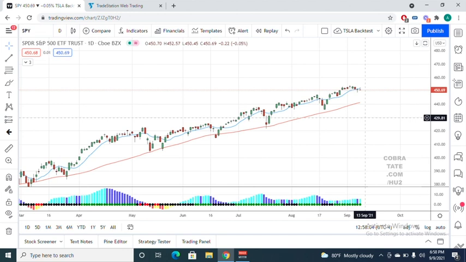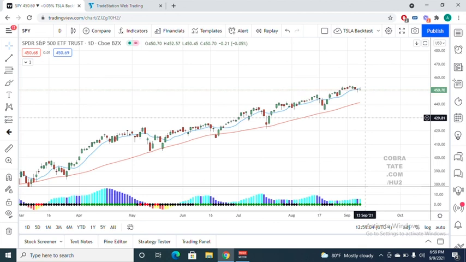That's what you can use to understand what the macro environment, what the overall environment of the market is right now. That will help you make decisions on individual stocks, because think of the overall market as a river. If you think of it as a river, it's a lot easier to swim with the flow than against it.